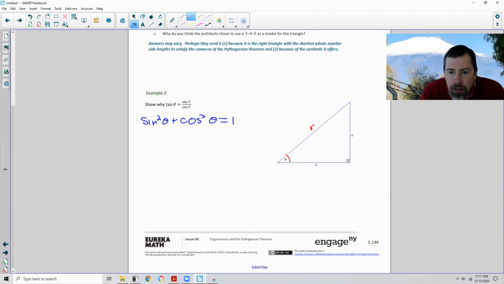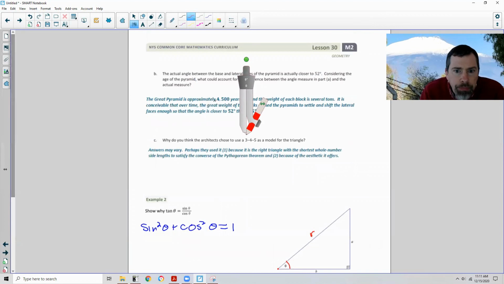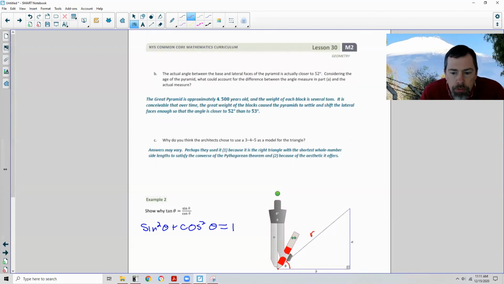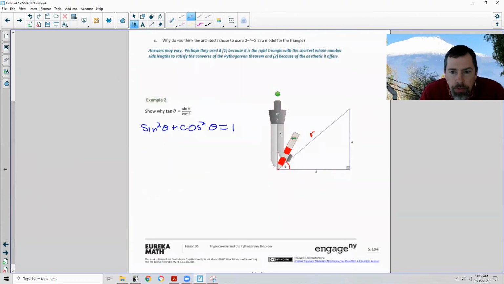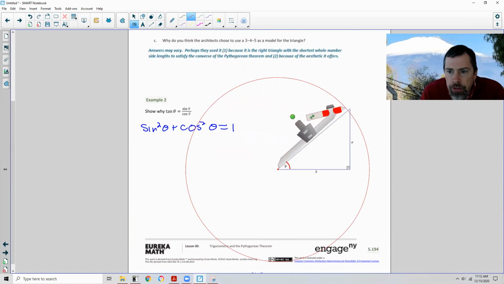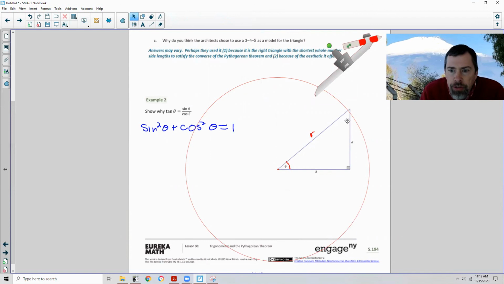So if this was the center of our circle and we rotate it around, let me give you an example. Let me get a compass. And I open this up. Of course, it's not long enough. But if I drew a circle around, that would be a circle with a radius of R if this were just out a little bit further. So the length of the hypotenuse is the length of the radius of a circle, okay?